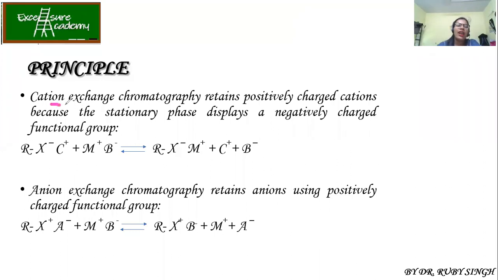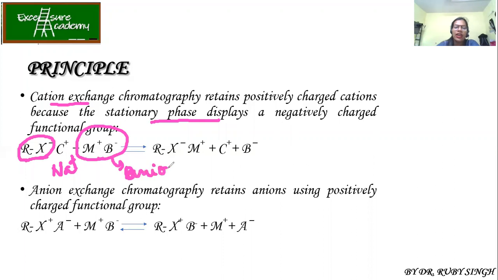So in the case of cation exchange chromatography, it retains positively charged cations because your stationary phase has a negative charge. Let us say this is your stationary phase, which has the negative charge, and a cation has been attracted. Remember, in that case we have Na+ as your cations. Now this is your protein, and it is present in some buffer which has the anion. In the previously discussed example, we had chloride.